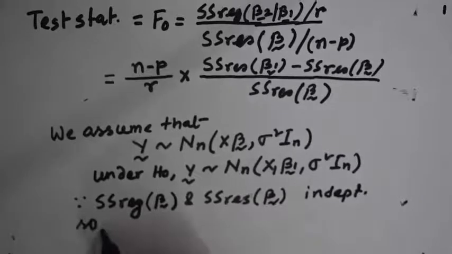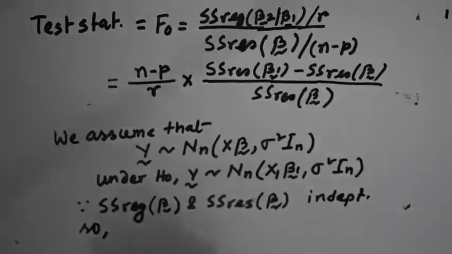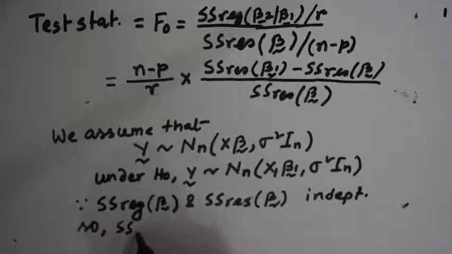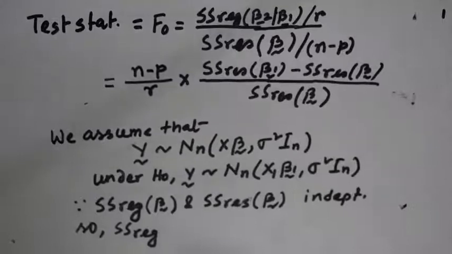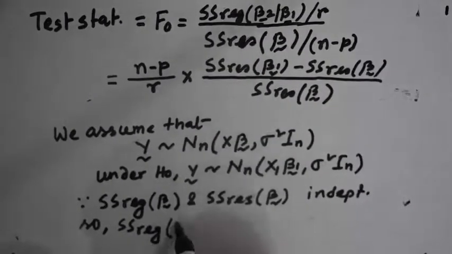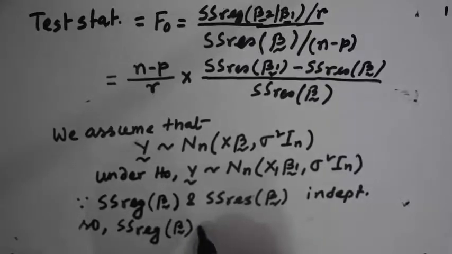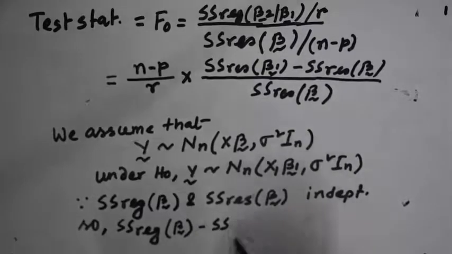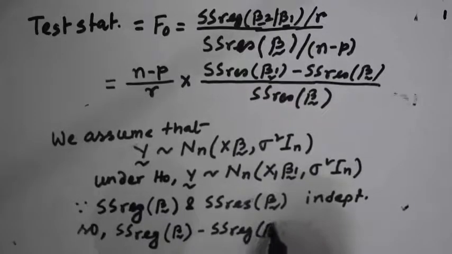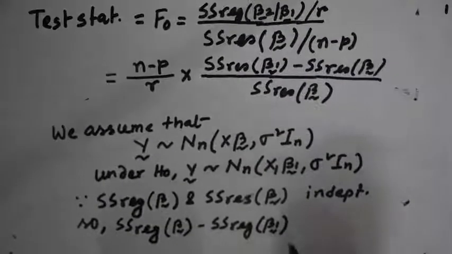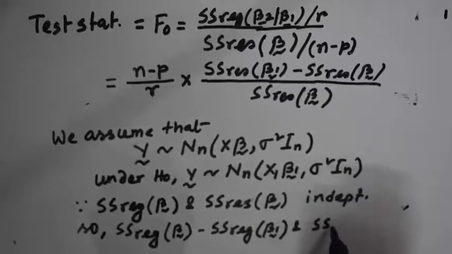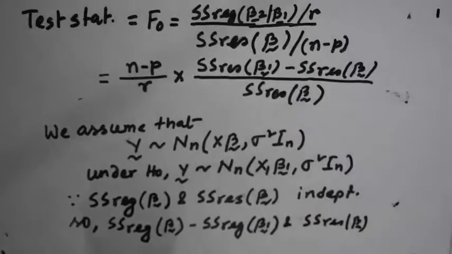SS due to regression for the full model minus SS due to regression beta 1 curl for the reduced model and SS due to residual beta curl are also independent.